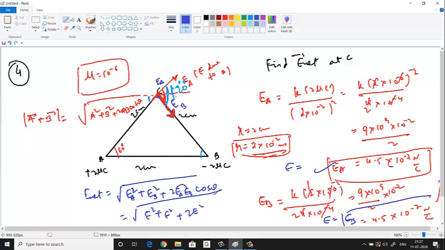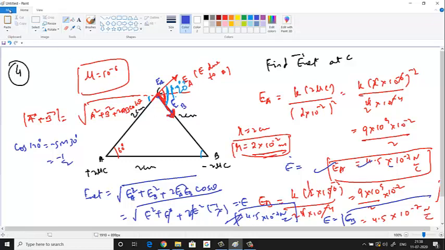Cos 120 is minus sin 30, that is equal to minus 1 by 2. 2 and 2 get cancelled, so E square plus E square minus E square, so this E square cancels. You'll get under root E square, which is only E. What is E? E is 4.5 into 10 power minus 7 Newton per coulomb. That's it, this is the value.